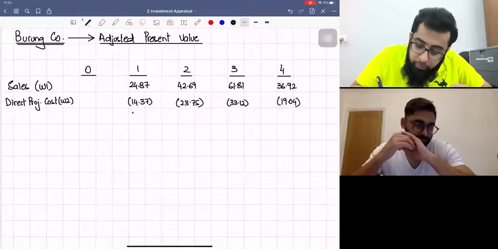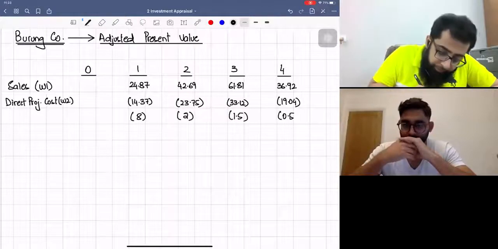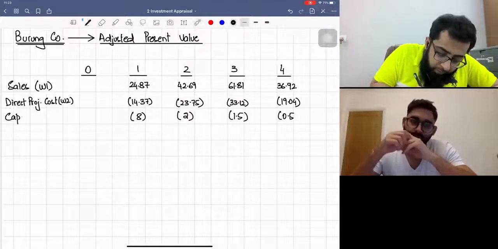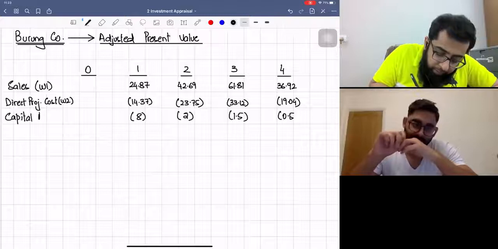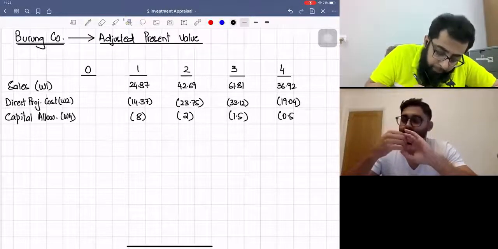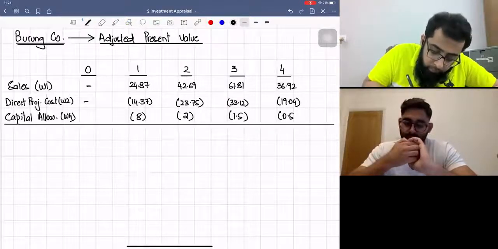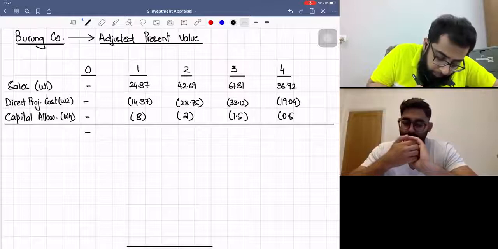These are the capital allowances working for taxable profits.